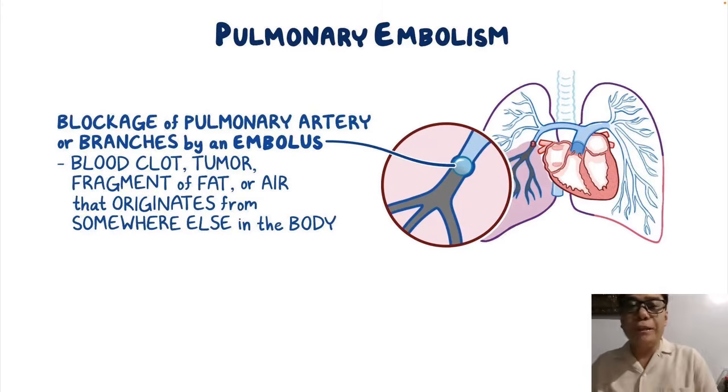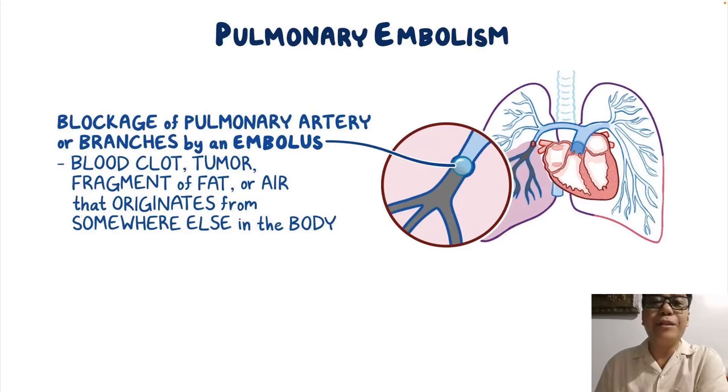So pulmonary embolism is an undissolved mass. Okay, it happens because there is an undissolved mass that travels in the bloodstream. Afterward, it will occlude a blood vessel, so it will result in obstruction of blood flow going to our lungs.